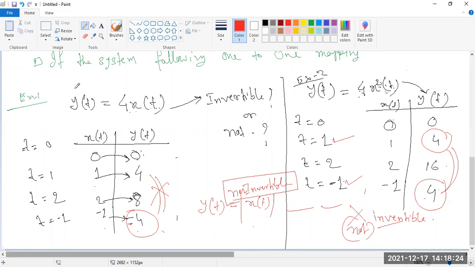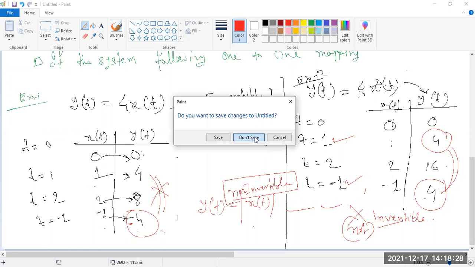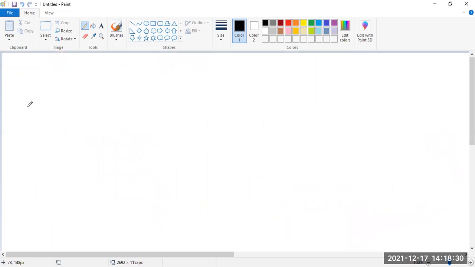And next topic, I'm going to the next slide. To check the system, we have to use some test signal. Say some complex system is given, just like y of t equal to sine t times x of t.